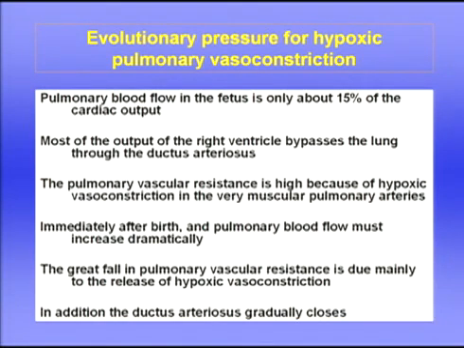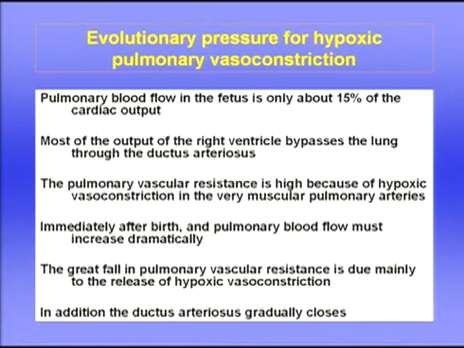It turns out that the fetus has a great deal of vascular smooth muscle in the small arteries, and it's capable of raising a high degree of constriction, so that prevents most of the blood from going through the lung. However, at birth, when the baby takes its first breath, dramatic changes take place.